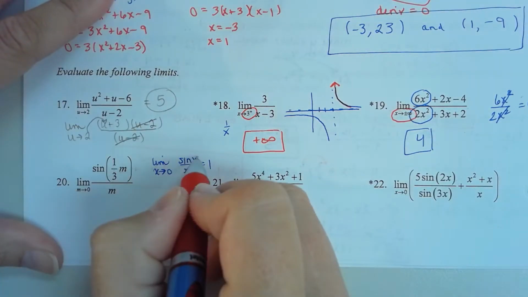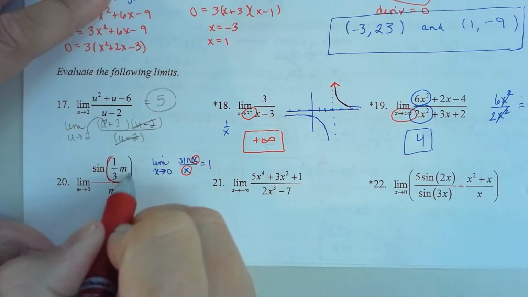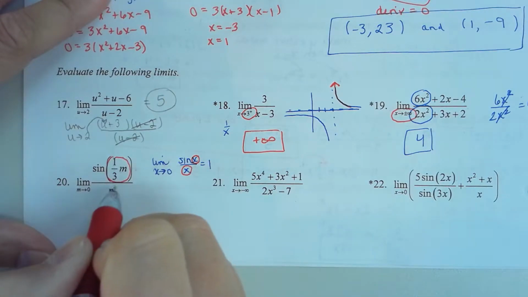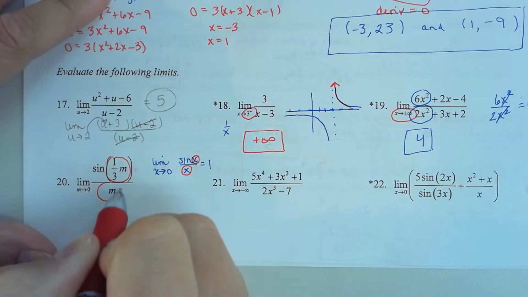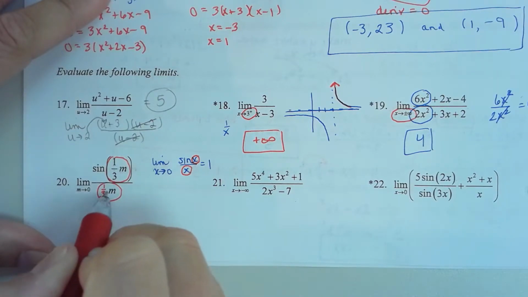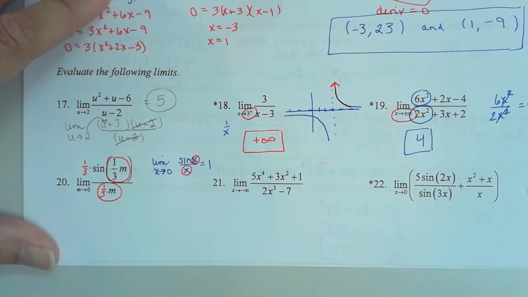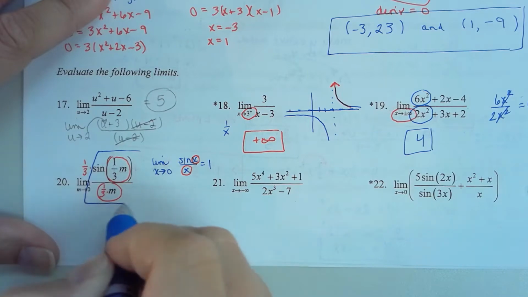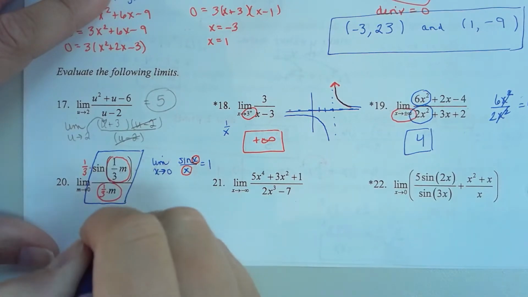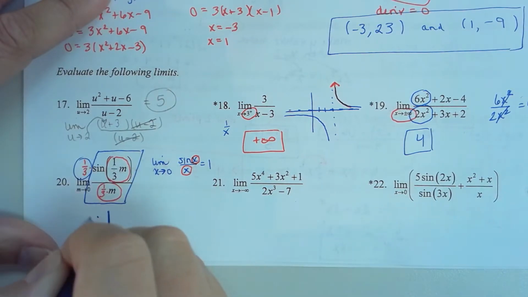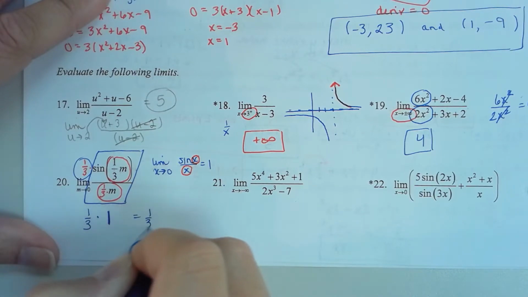We said as long as this matches this, the limit is equal to 1. So I would love for this to match this, which means I need to multiply that by a 1/3, which means I should come up to the top and multiply it by 1/3. Trying to change colors so you can see what I'm doing here. So this limit in the box is a big 1, and then I still have times 1/3.